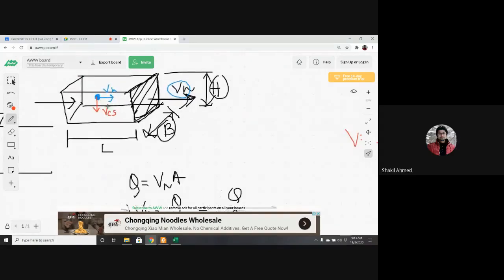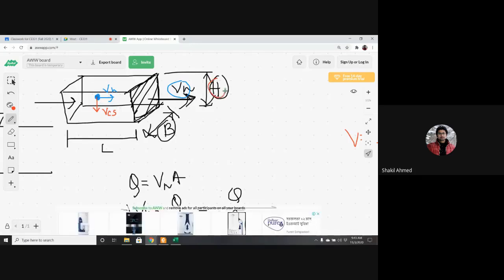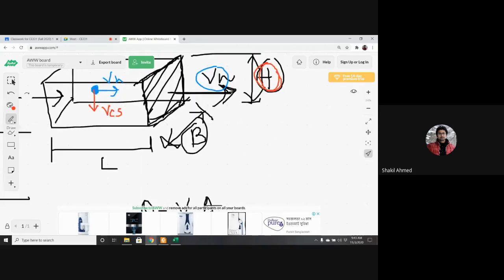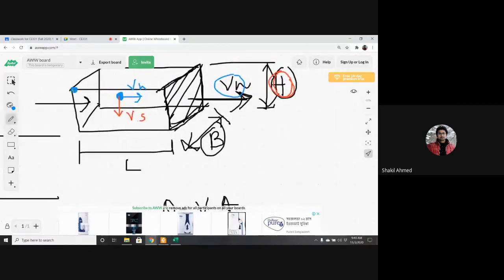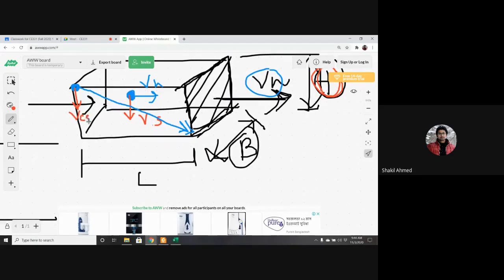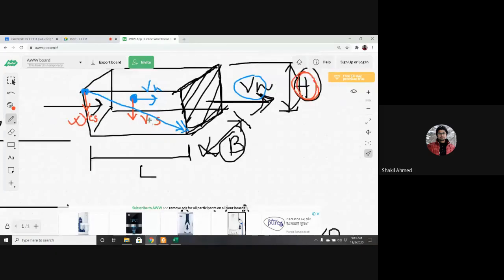Due to this critical settling velocity, the distance the particle moves in this direction is H. If the particle is here and it just drops here, then it is the critical settling velocity.